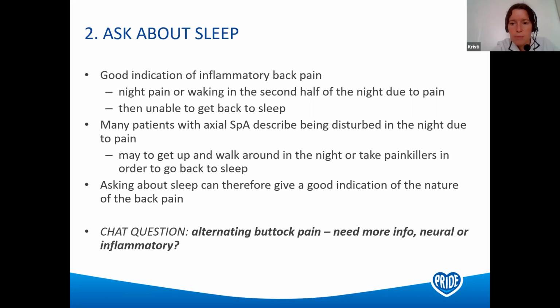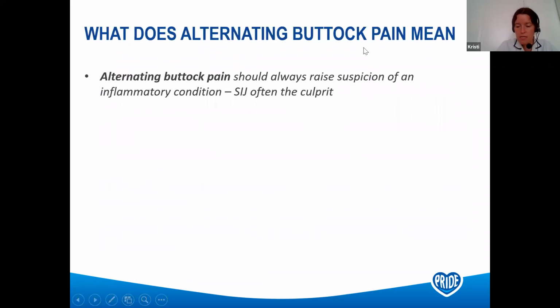So alternating buttock pain. I always think, how far does it go? Sacroiliac joint pain generally doesn't refer below the knees, but this is a really common descriptor for inflammatory back pain. Sorry, I lost the slide there. So it's your alternating buttock pain.